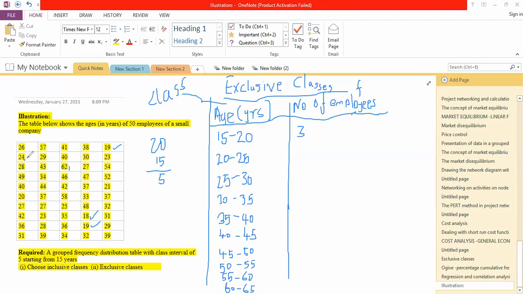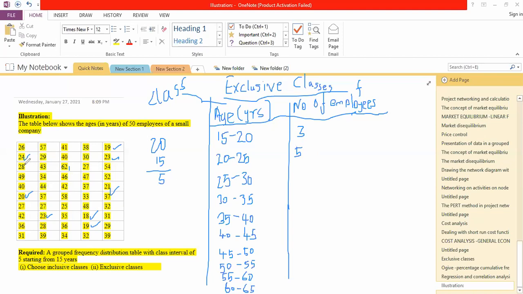We have 24 here, 1, 20, that is 2. We have 23, those are 3. 4, 5. I think we have counted all of them. So we would come here and indicate the frequency of 5.